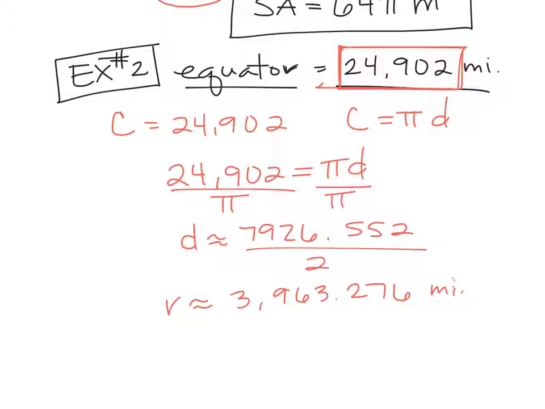To find the surface area, it's 4 pi r squared, so 4 times pi times 3,963.276 squared.